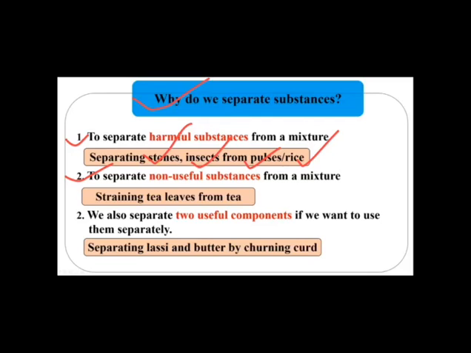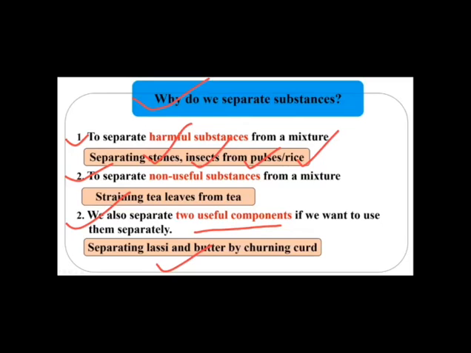Now the next reason is, we separate two useful components if we want to use them separately. For example, separating lassi and butter by churning curd. We have separated lassi and butter, and both are useful components because we want to drink lassi and we want to use butter also, right?